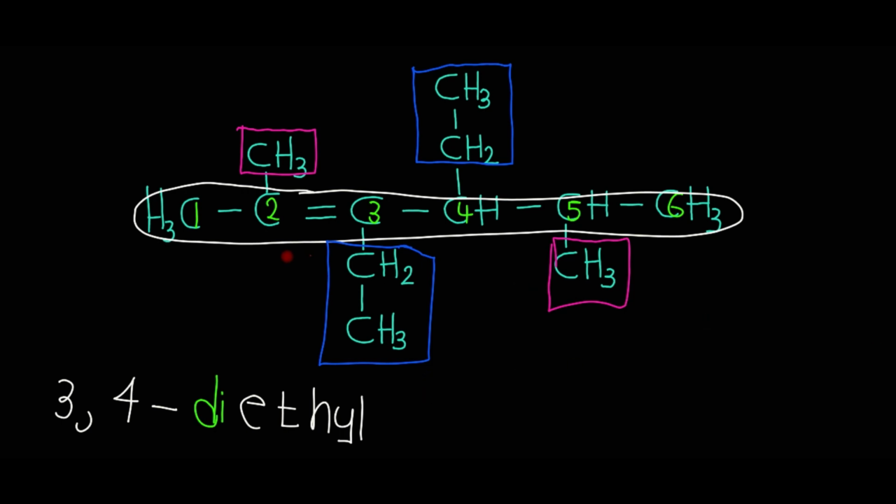Methyl we obtain at carbon 2 and also carbon 5. So from there we say dash, 2, comma, 5. Remember the comma separates the numbers, and because this methyl is also twice, we do the same: dash, di, and then methyl.